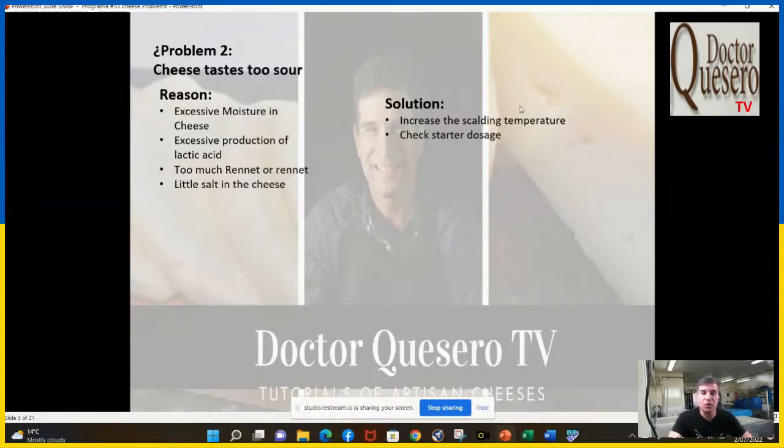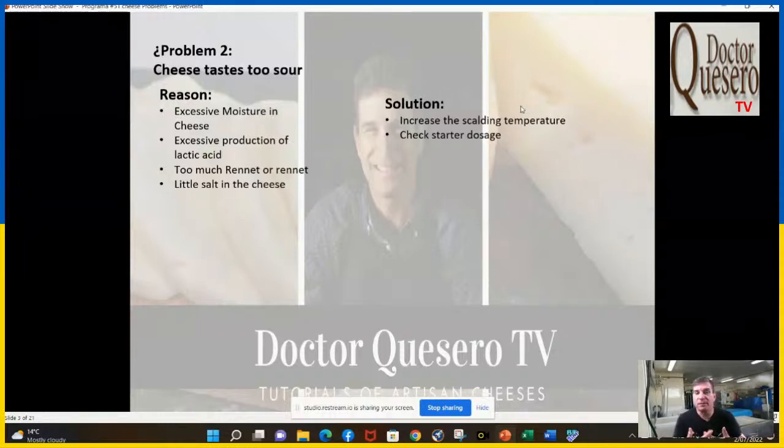Another solution to get away with wet cheese is to increase your starter dosage. Why? As I said before, low acidity means a wetter cheese.